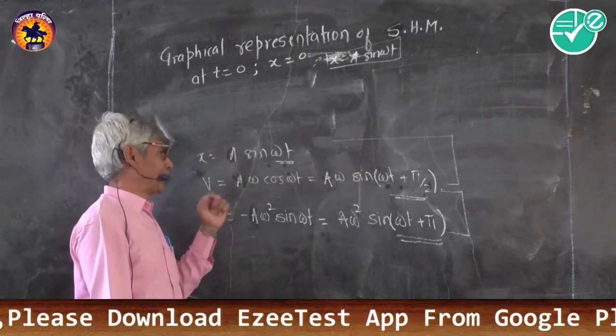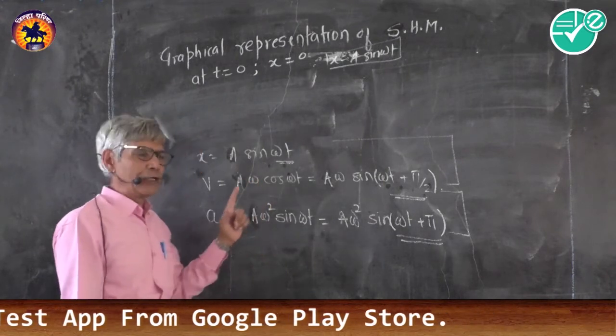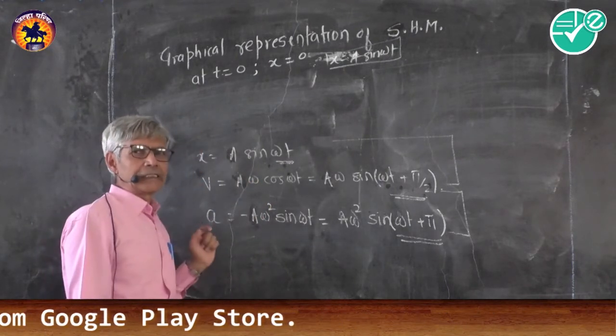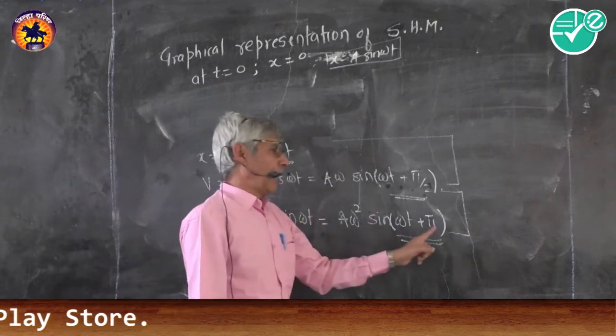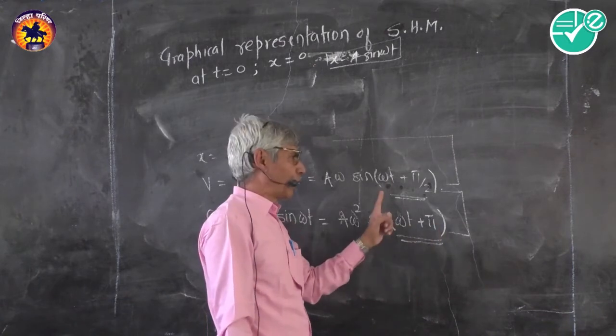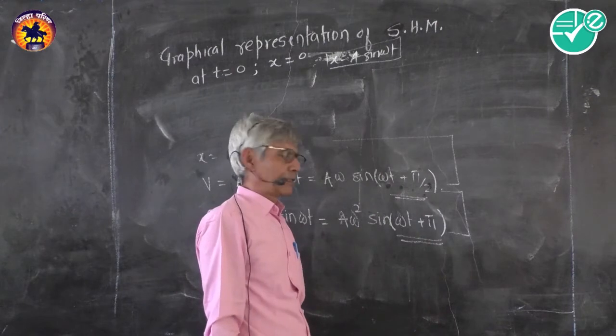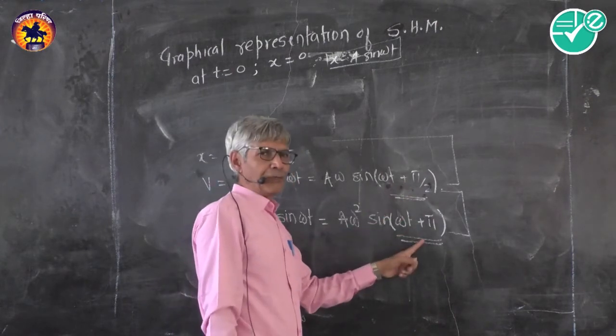Once again there is a phase difference of pi by 2 between the velocity and acceleration. In this case, acceleration has phase angle omega t plus pi, where velocity has phase angle omega t plus pi by 2 at a given instant t. So this is the phase difference of pi by 2.